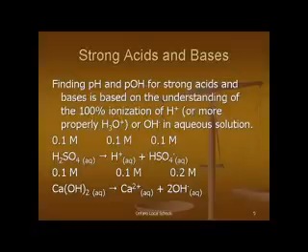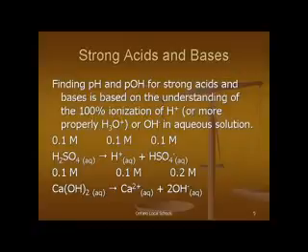Now, for calcium hydroxide, which has two hydroxides per calcium hydroxide formula unit, in this case, if we have 0.1 mole per liter of calcium hydroxide, we'll get 0.1 mole per liter of calcium ion, but we're going to get 0.2 moles per liter of the hydroxide ion.